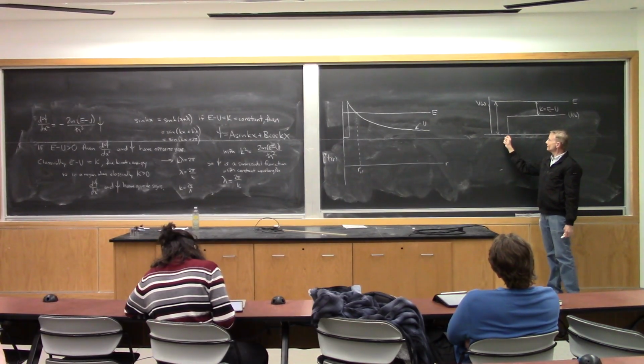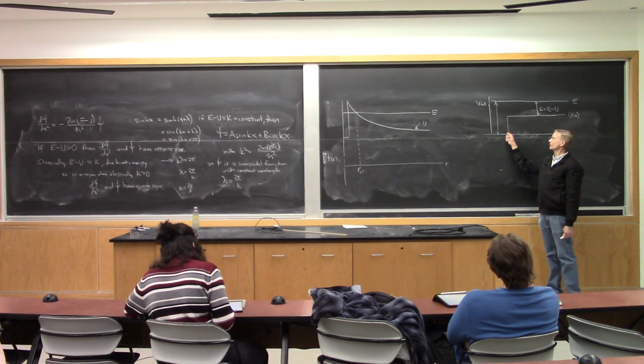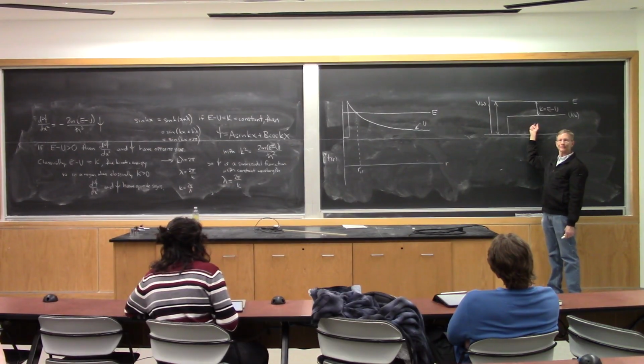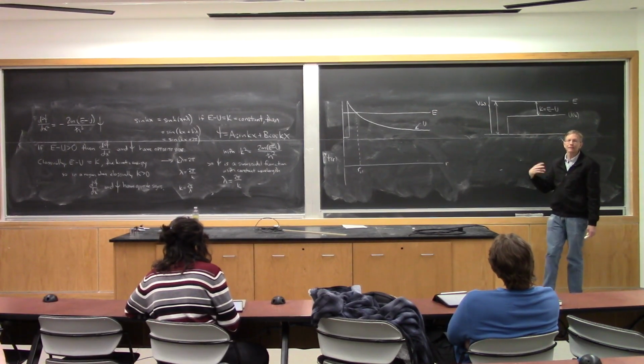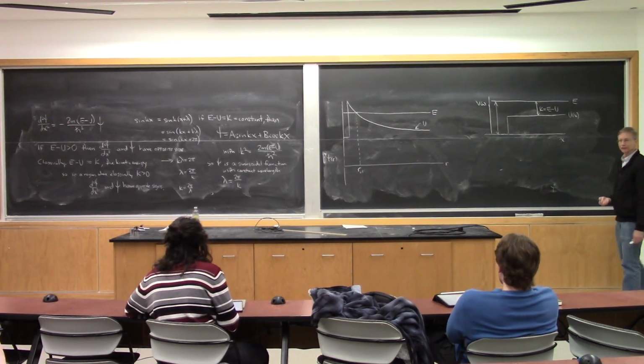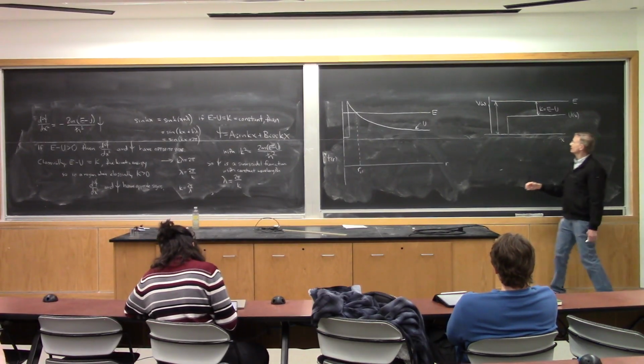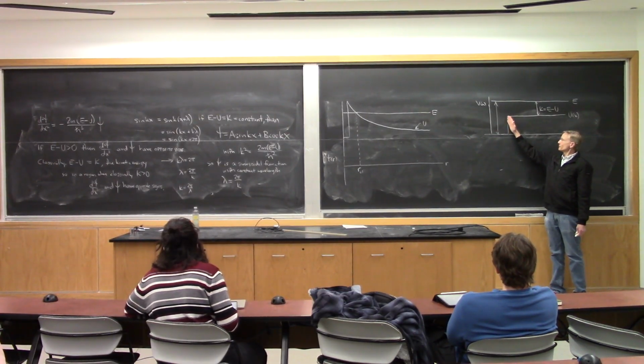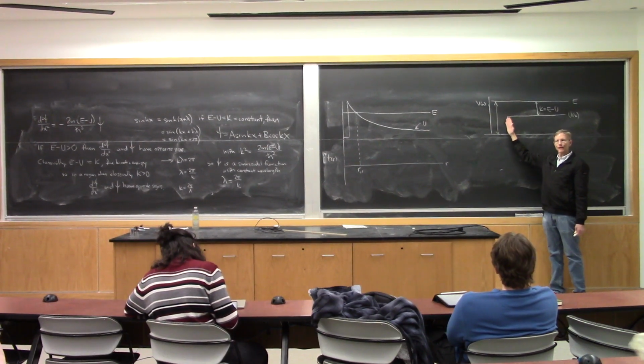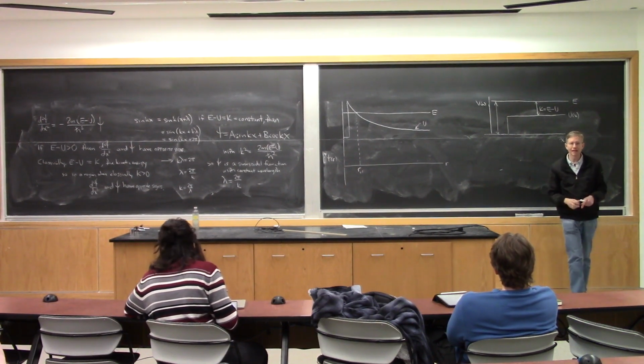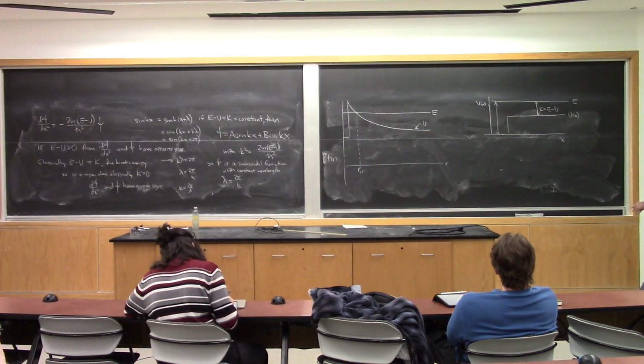So the wave function here will still be a sinusoid with a constant wavelength, but will that wavelength be longer or shorter than the wavelength here? Shorter, yeah, because it's got more kinetic energy. The higher the kinetic energy, the shorter the wavelength. And I'd have to match up psi and its derivative at this boundary right here in order to pick solutions that actually work. I'm certainly not going to do that, but qualitatively that's the sort of thing that you'd want to do.